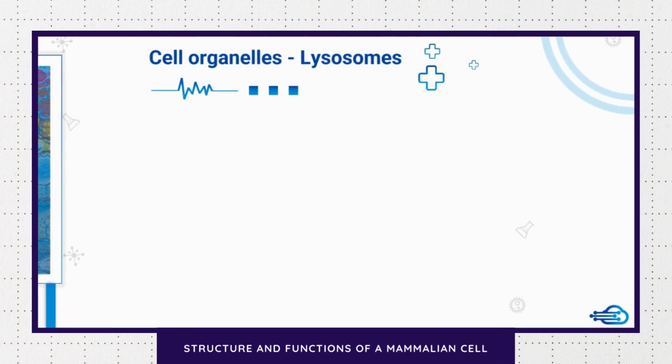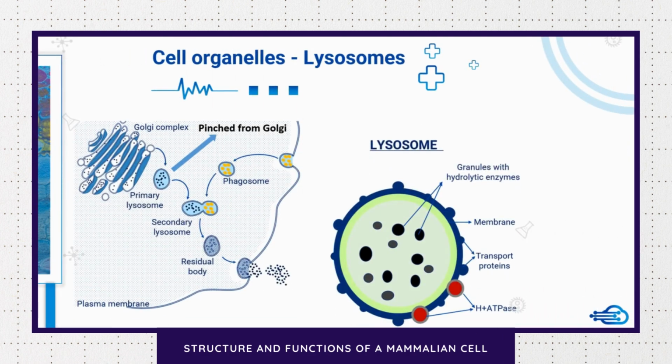So, how do these lysosomes act? See, the primary lysosome is formed by pinching off from the Golgi apparatus, and it contains the acid hydrolases. When this primary lysosome fuses with a phagosome, which is bringing waste or toxic material from outside into the cell, it forms the secondary lysosome.